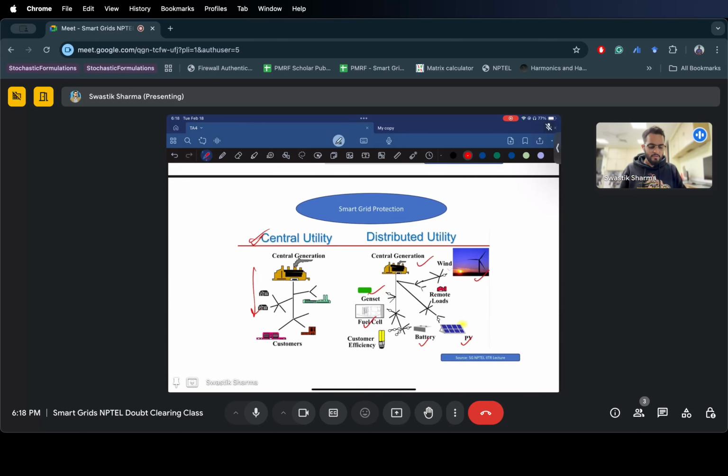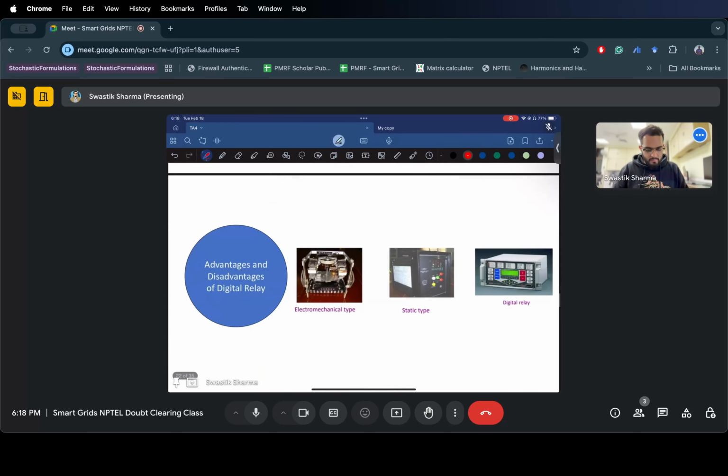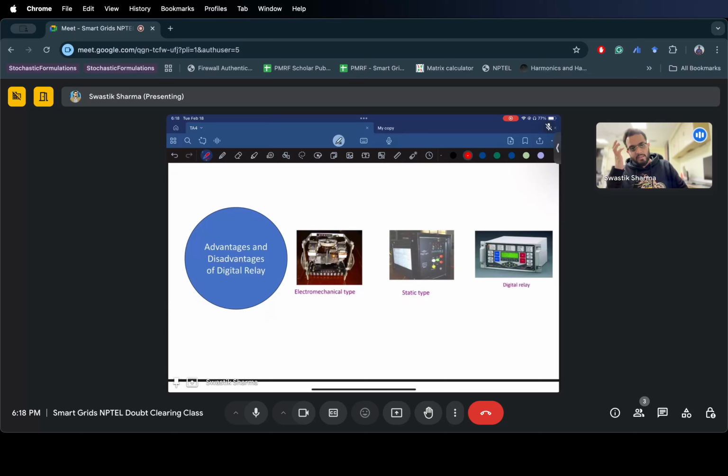So your utility is expanding and becoming distributed in nature instead of central. And for that, we need to have better protection equipment too.